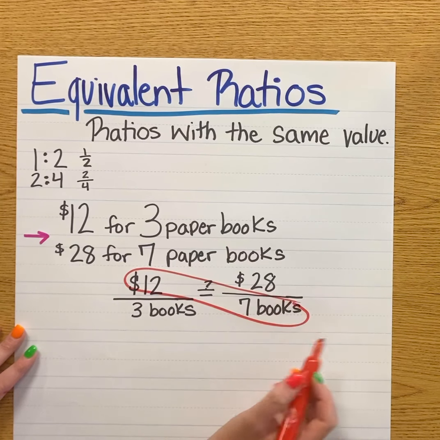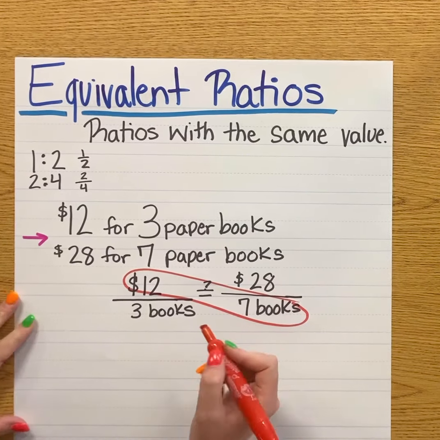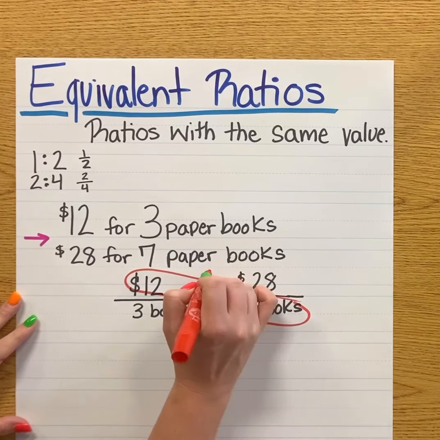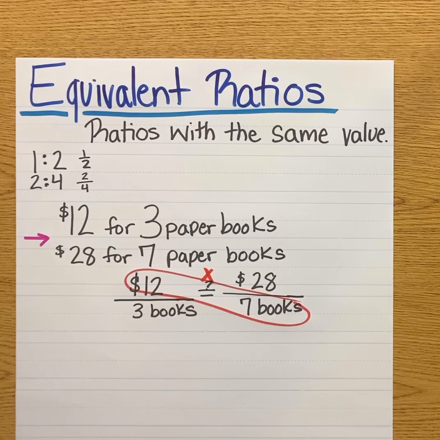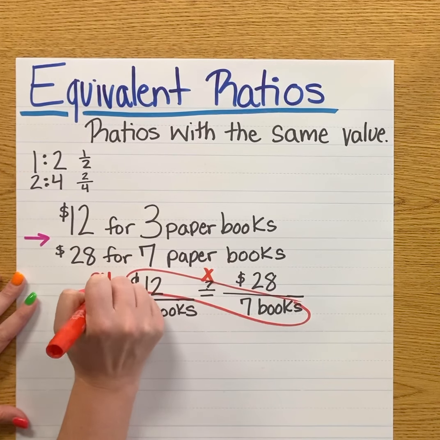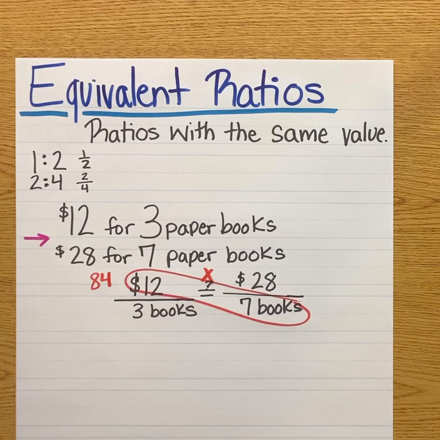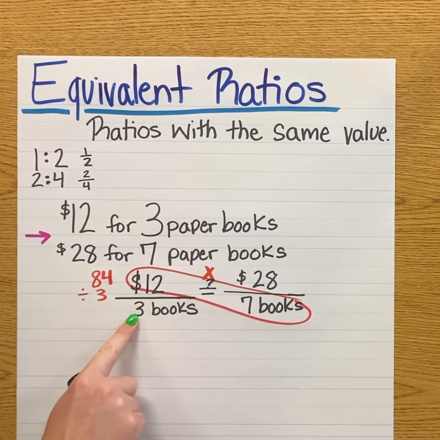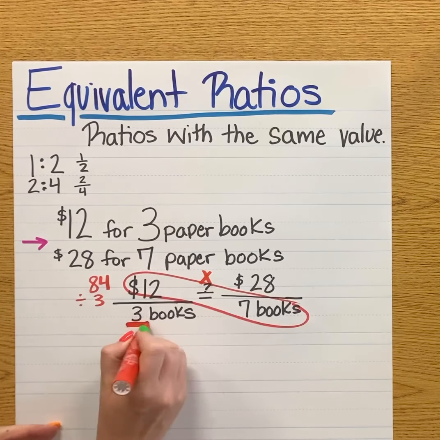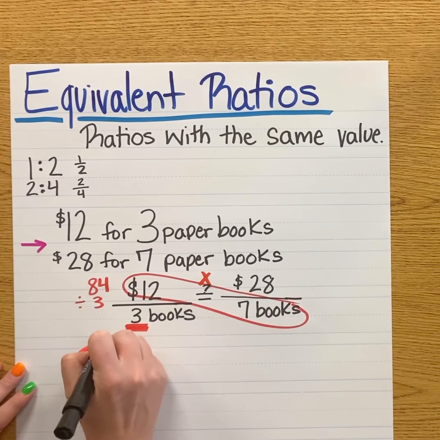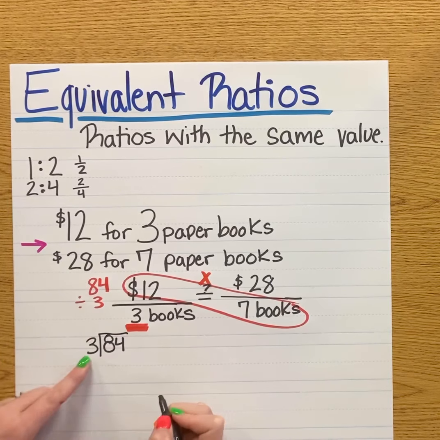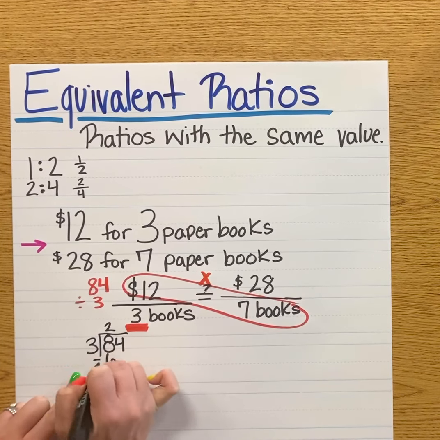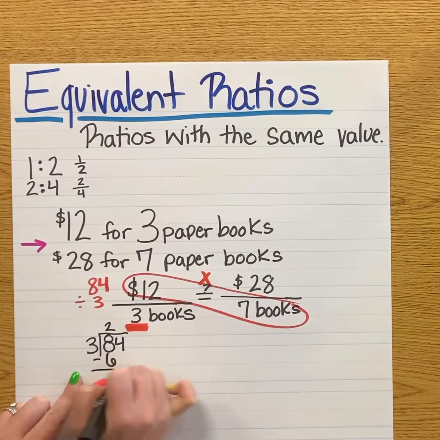And I am going to multiply my first numerator by my second denominator. I am going to multiply 12 times 7. And I know 12 times 7 gives me 84. And then I am going to divide 84 by 3, because that's the number that's on the bottom here. 84 divided by 3. 3 can go into 8 2 times. 6, subtract, bring down. 3 goes into 24 8 times. 24, subtract, we get 0.